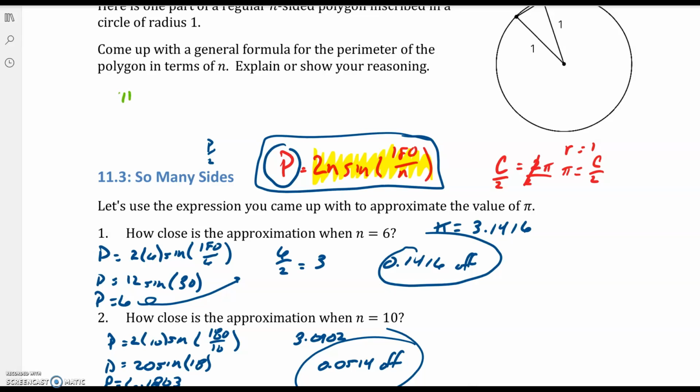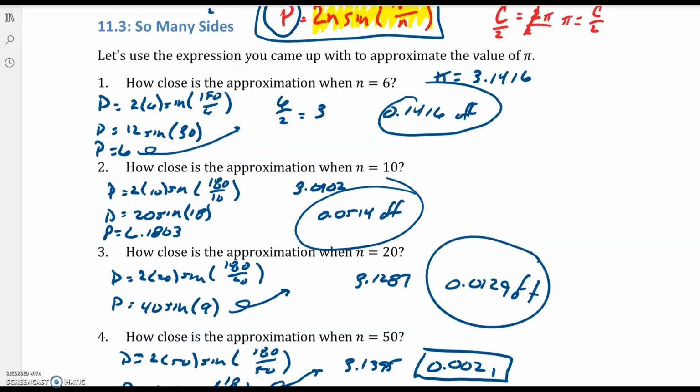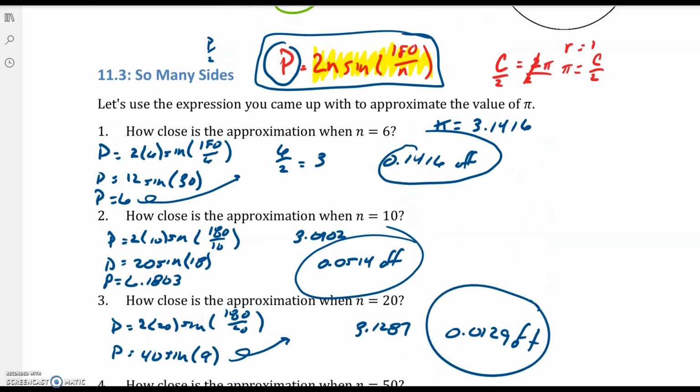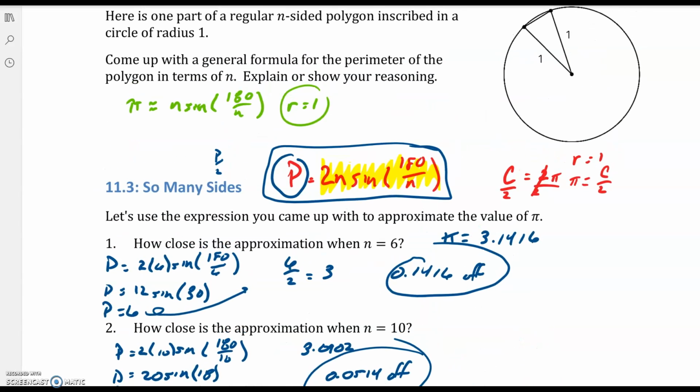So I know that pi can be approximated with n times the sine of 180 over n, as long as my radius is equal to 1. And that's kind of cool. A little bit of algebra work, working with trig, good stuff.